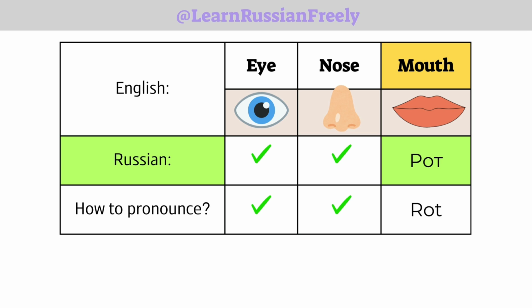What I would like to emphasize here is that in Russian language, the letters and the pronunciation are less soft than in English language. It means that if you, as an English speaker, try to pronounce the word mouth, you will probably pronounce it softly.